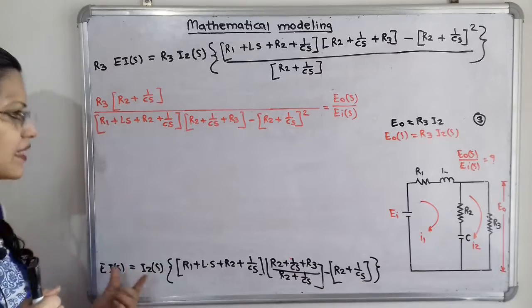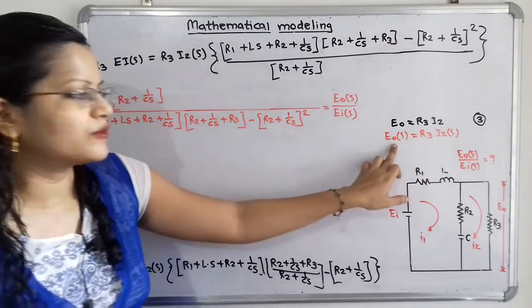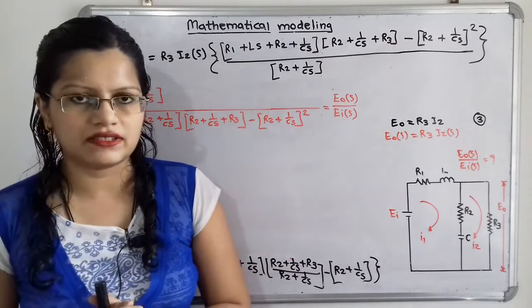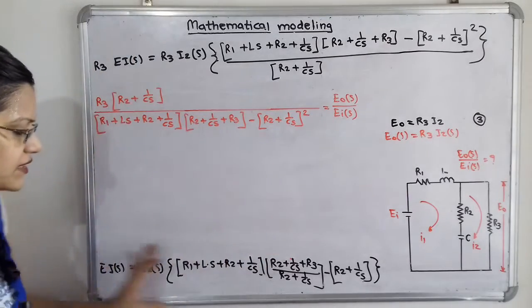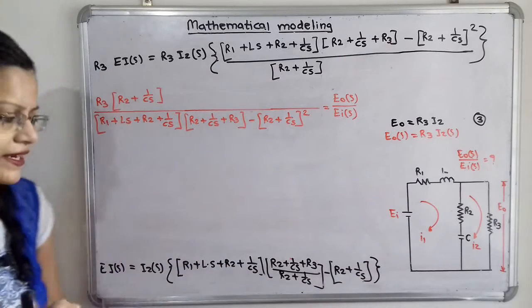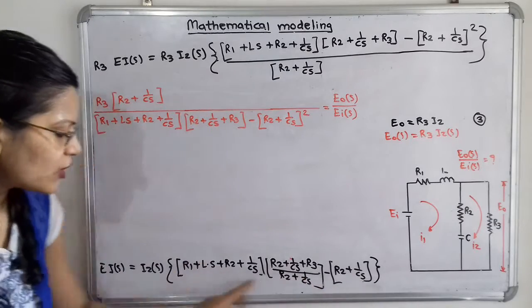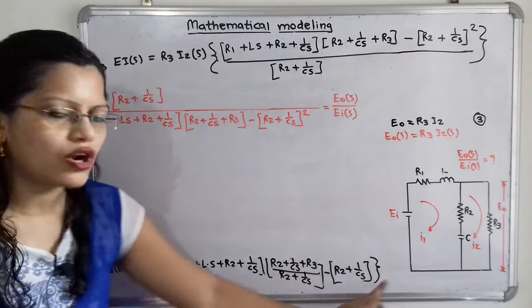Now, if I multiply on both sides with R3, then here R3 I2 of S we can replace with EO of S. Now, if we observe this equation, we will also simplify the terms inside the bracket. We will take this denominator R2 plus 1 by Cs as a common denominator for this whole term.